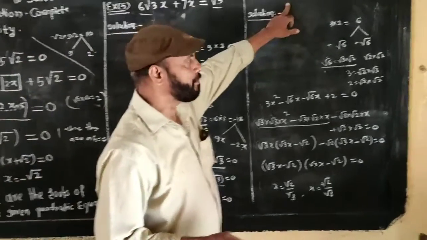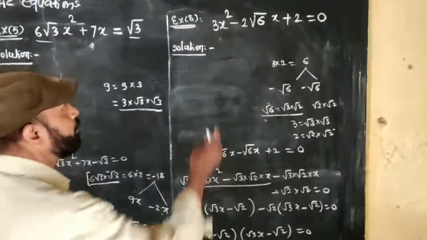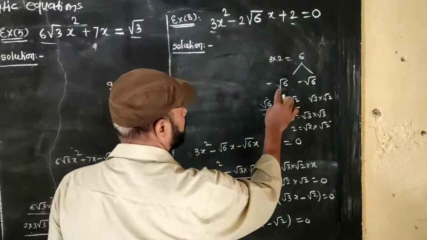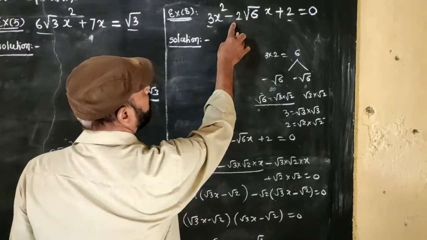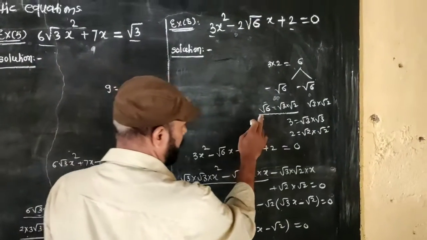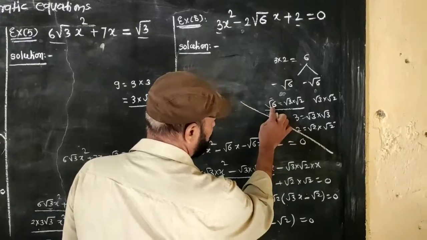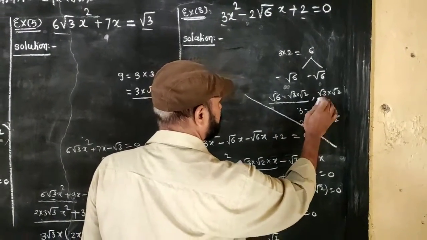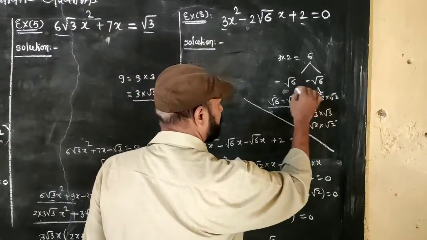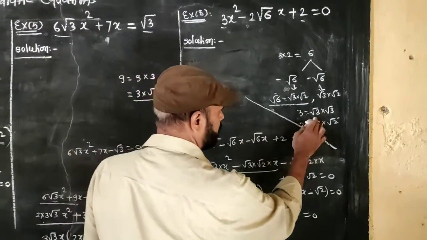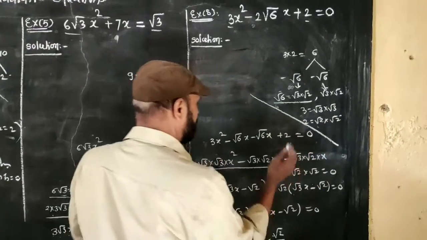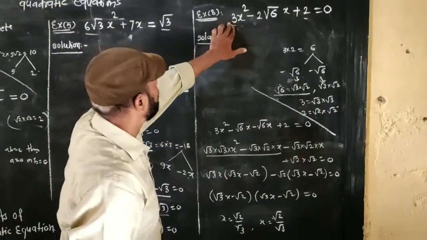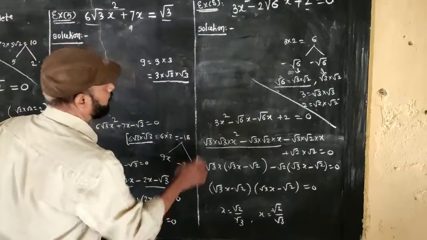Similarly, in this type of example also, you have to multiply this 3 into 2, that is 6. And we split this 6 as minus 6, that is minus 2 into root 6. So write root 6 just like this. Root 6 is equal to root 3 into root 2. Okay, this 3 also, 6 also. Now 3 is equal to root 3 into root 3, 2 is equal to root 2 into root 2. Substitute all these values here.